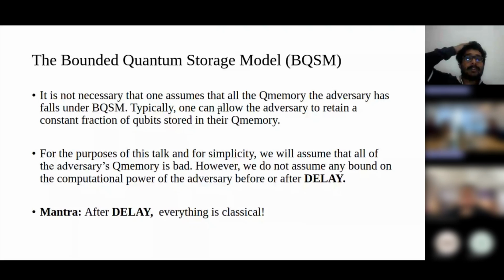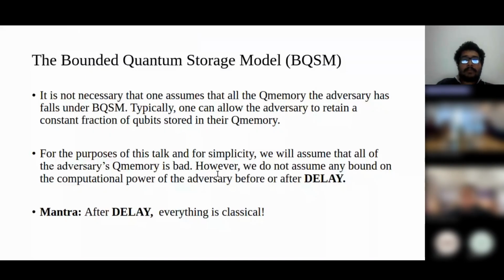How much you allow the adversary to retain depends on your protocol and how much min entropy you can get out of it. That is protocol dependent, but this makes it a much more general model.